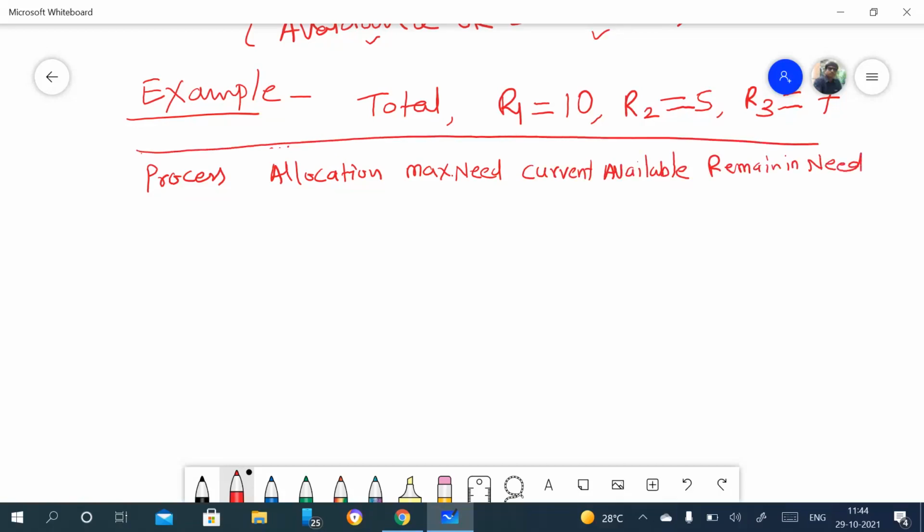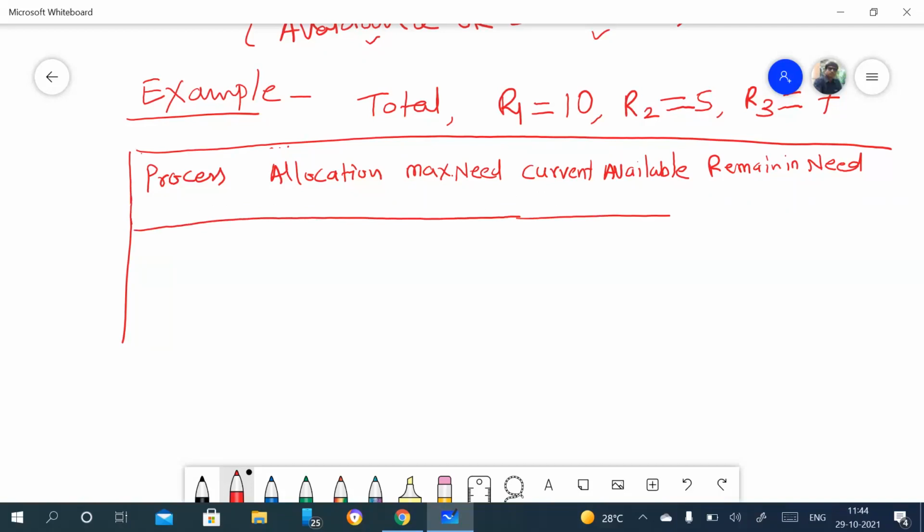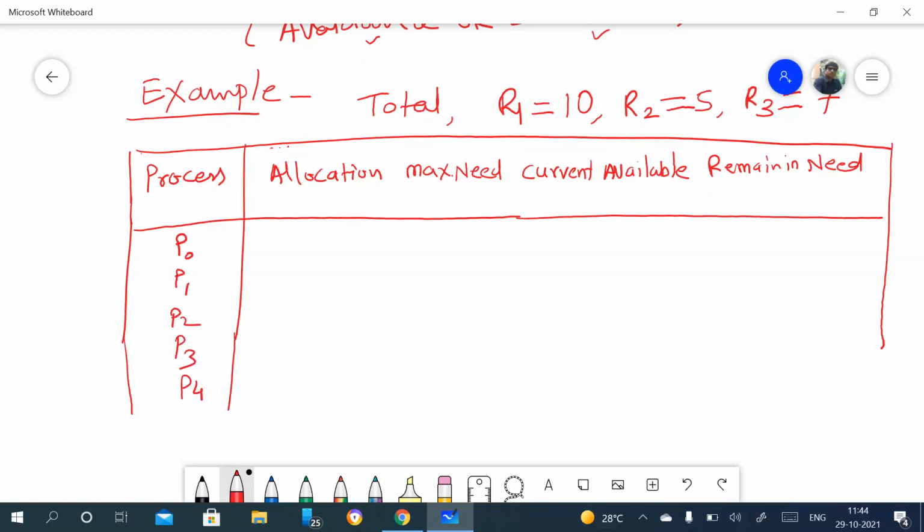Consider P0, P1, P2, P3 and P4. These examples are given in the Galvin book also, so you can refer to that Galvin book.